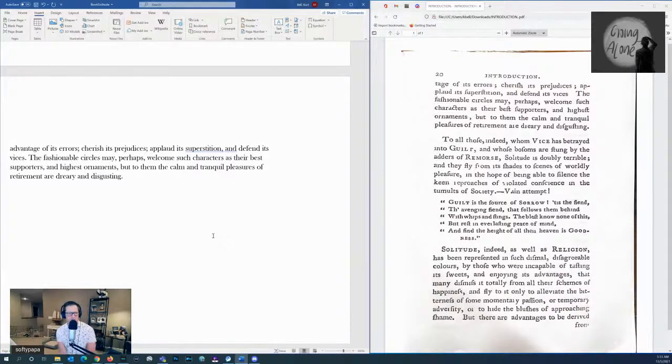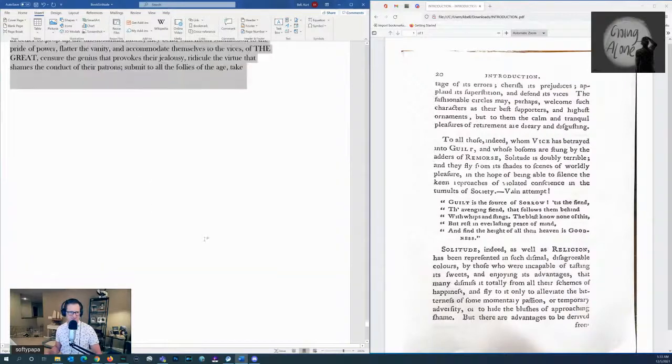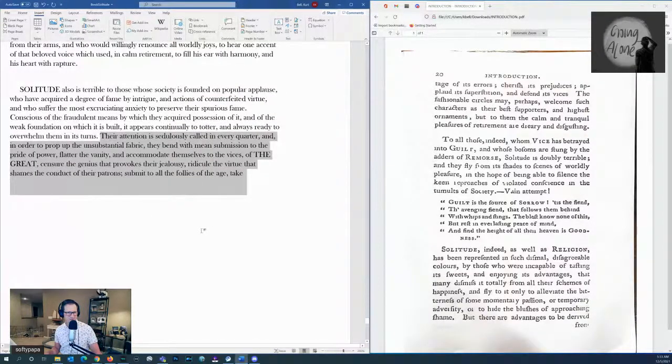Yeah, so those that wish to be a part of the acclaim of the celebrated have to do all of the aforementioned, right? Flatter the vanity, accommodate themselves to the vices, censure the genius that provokes their jealousy, their own genius, right? So be quiet their own minds, ridicule the virtue that shames the conduct of their patrons.